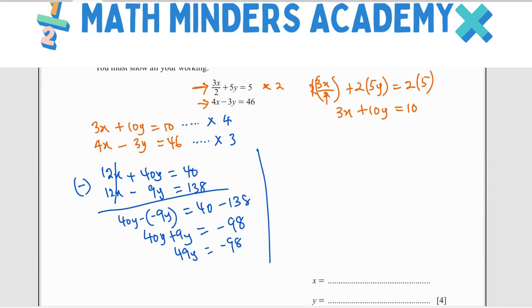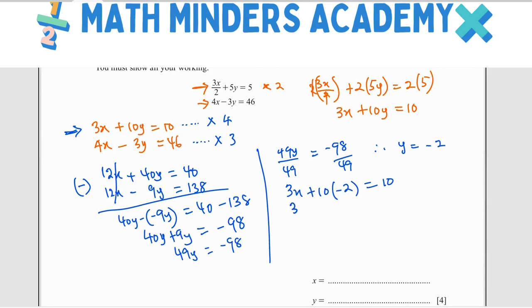So if you divide both sides by 49, you have minus 98 over 49. So here, y is going to be minus 2. So go and substitute into any of these. I can substitute y equals minus 2 here. So I have 3x plus 10 into minus 2 there equals 10.